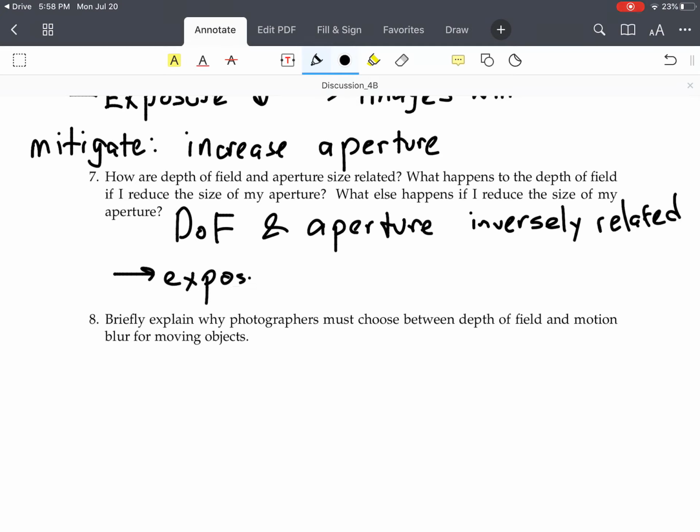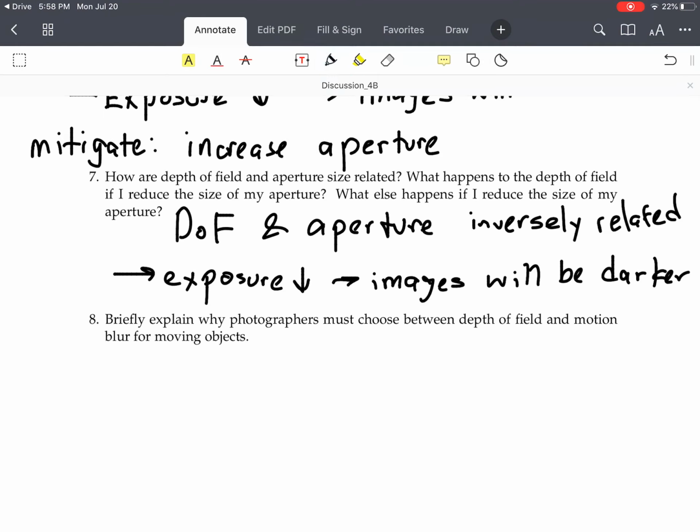Exposure will go down, and so our images will be darker. Okay, so we can make the aperture smaller, get a larger depth of field out of that, but the trade-off will be that now we'll have darker images. And conversely, if we want to get lighter images, we could increase the aperture, but the trade-off for that will be a smaller depth of field.